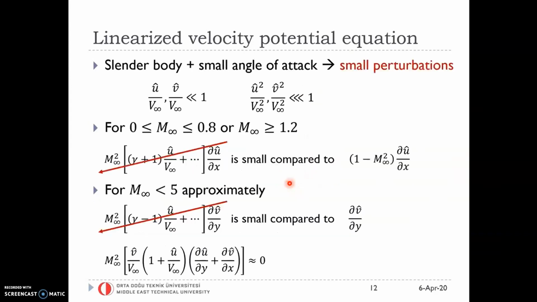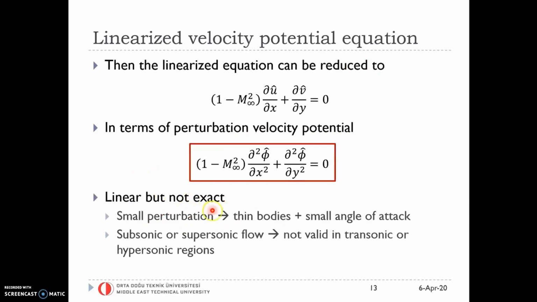That's because you may remember that in the previous slide these terms are only small if your Mach number is smaller than 5. For this reason, this potential equation is not valid in transonic or hypersonic regions.